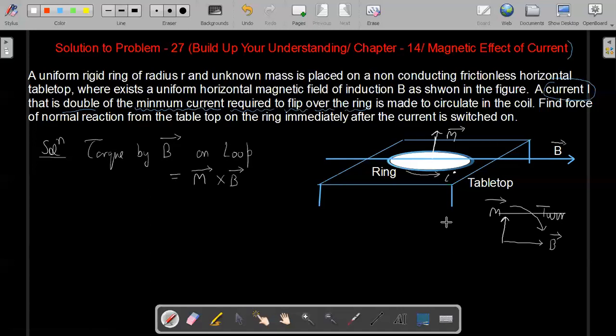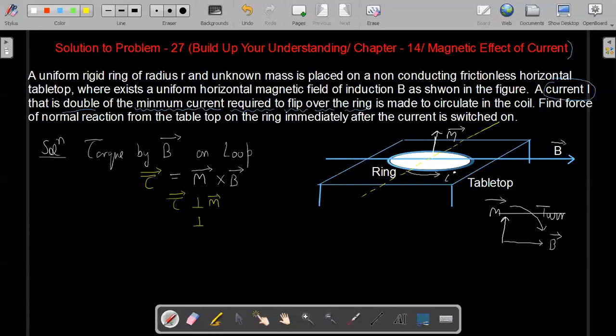To do this alignment, look at the diagram now, this ring will rotate about its diameter, which is perpendicular to the magnetic field. Moreover, since the torque is the cross product of M and B, by the property of cross product, it is obvious that the torque vector should be perpendicular to M vector.